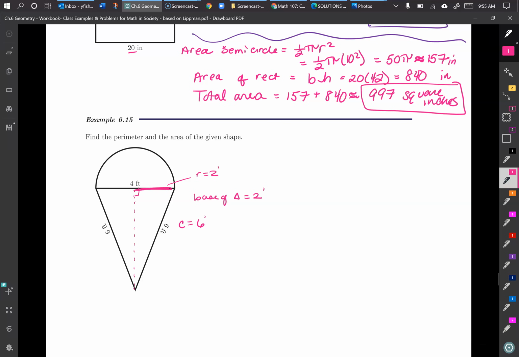So see if you can figure that out using your a squared plus b squared equals c squared, where we'll call the base 2, and this leg here is a, the height we have to figure out. Okay, so pause and put your pieces together and see how that works out.